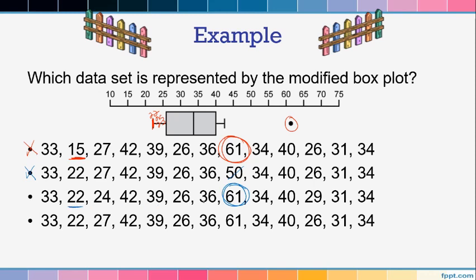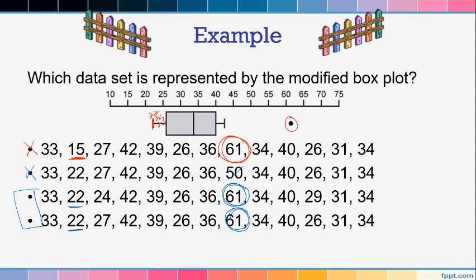That looks pretty good. Okay, and then this last one, I've got this 61 and this 22 as well. So I'm going to narrow it down between these two. So now, unfortunately, I just have two big clumps of data, and we actually have to figure these out.